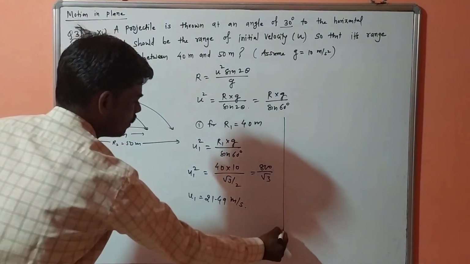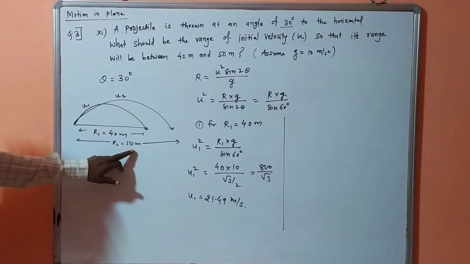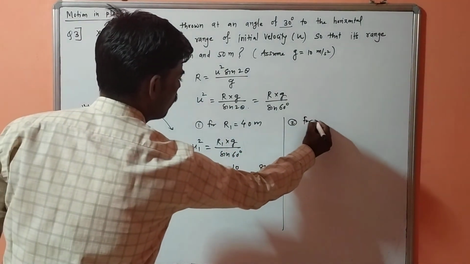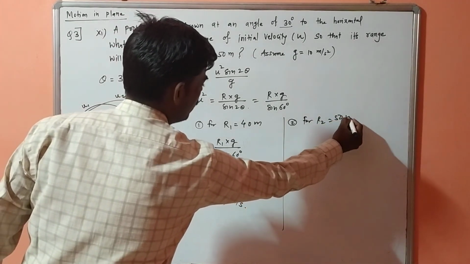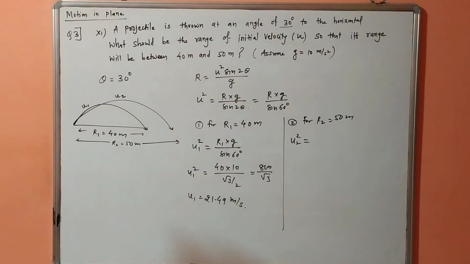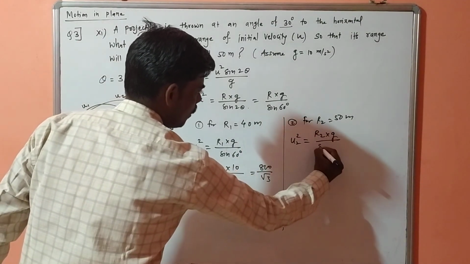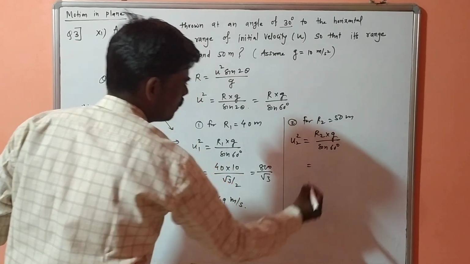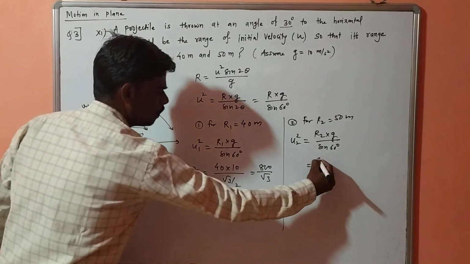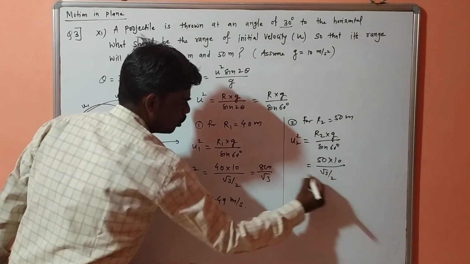Then for the second range of 50 meter, u2 square is equal to R2 into g upon sine 60. R2 is 50 into 10 over root 3 by 2.